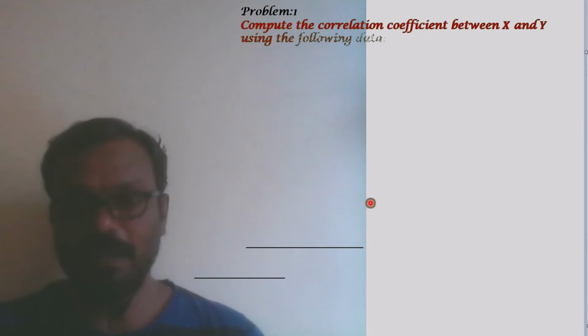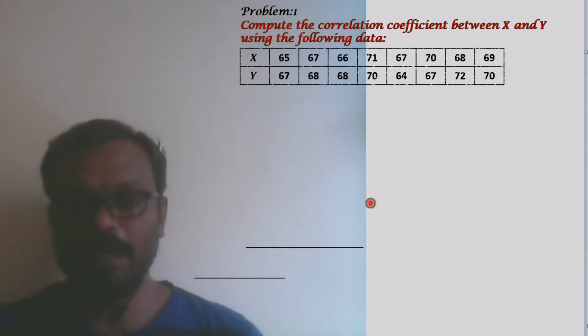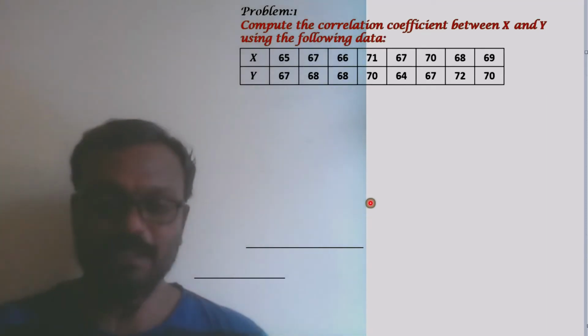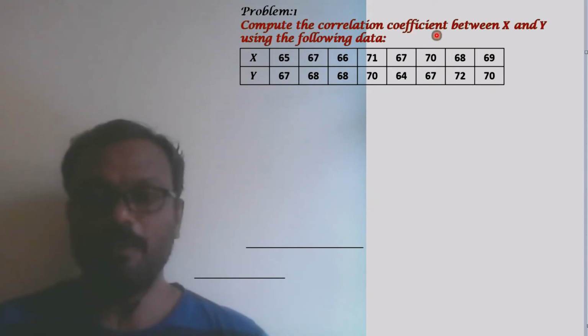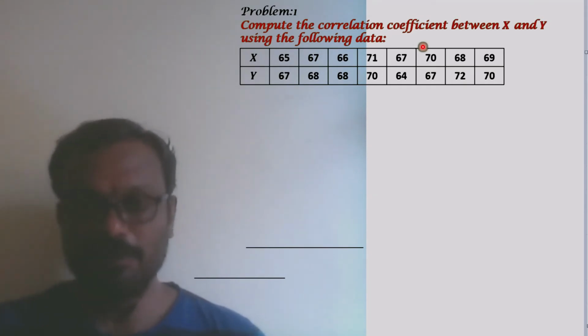Now let's have the first problem. Here we have the values of x and y listed. You know the formula involves x squared, and x squared is obviously going to be a 4-digit number. 8 times a 4-digit number, we may get 5 or 6 digits, which is difficult to deal with.